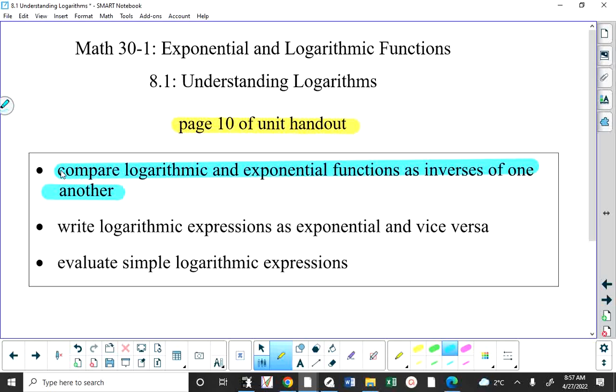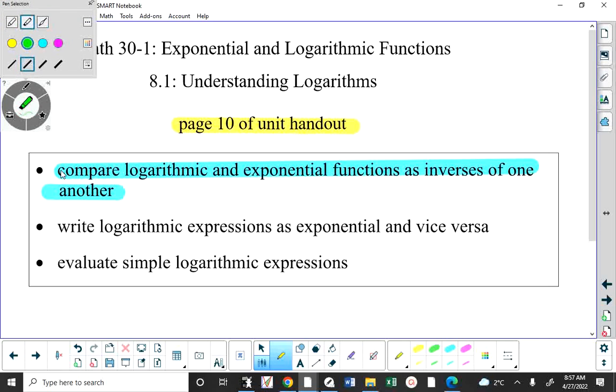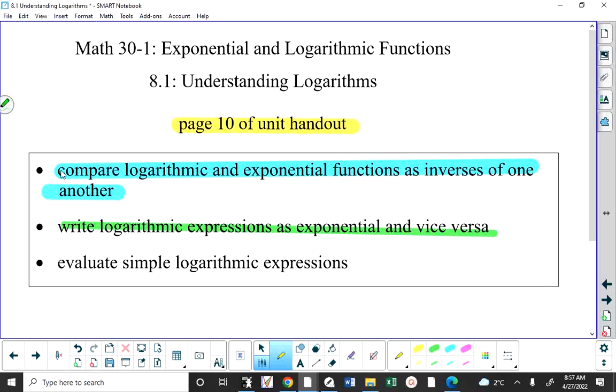The second bullet is talking about the same thing written differently. So an exponential function and a logarithmic function are different things, but I can take an expression and translate it into a different form.